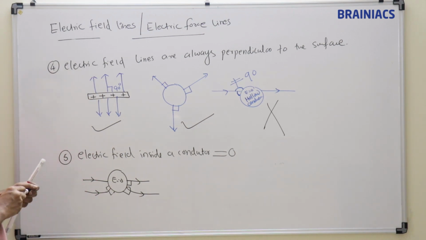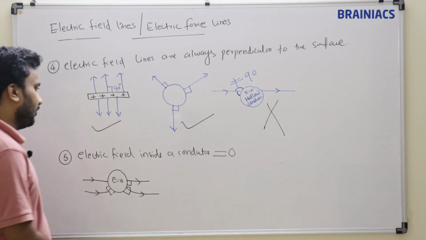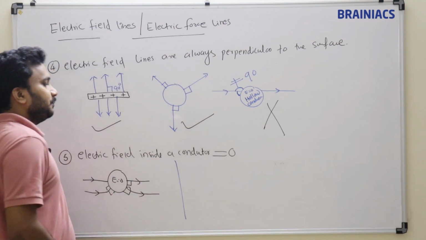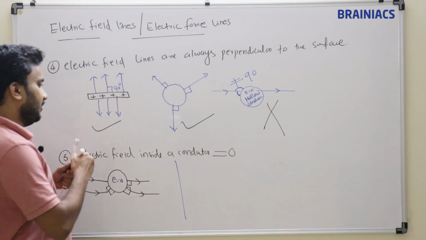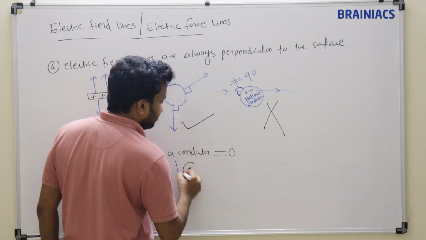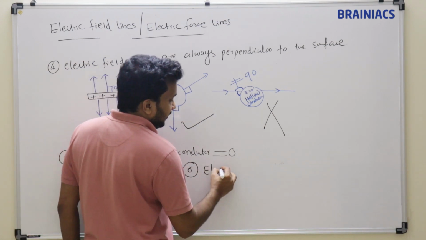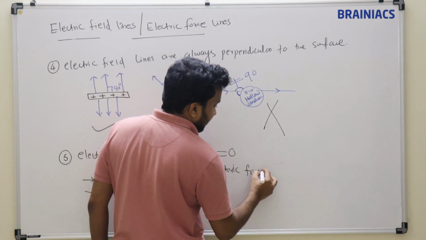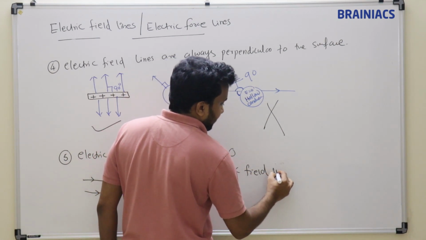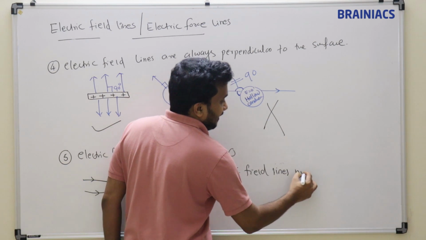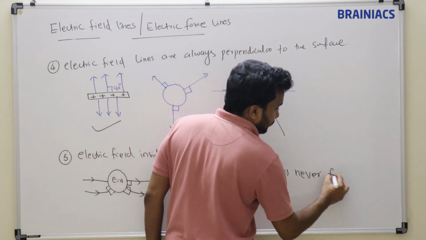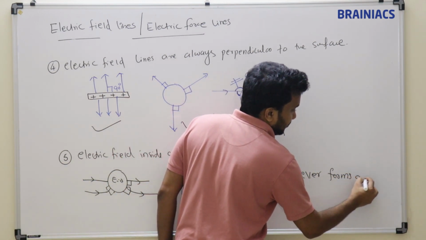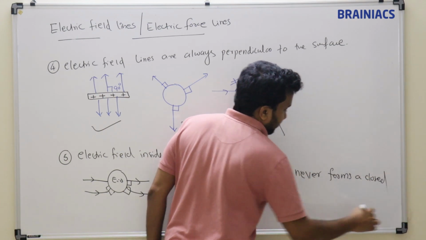So 5 points we have learned, and after the 5th point I am taking some space here and writing my 6th point. Note down the 6th point: electric field lines never form a closed loop.